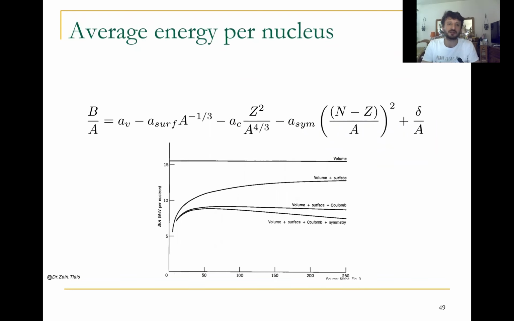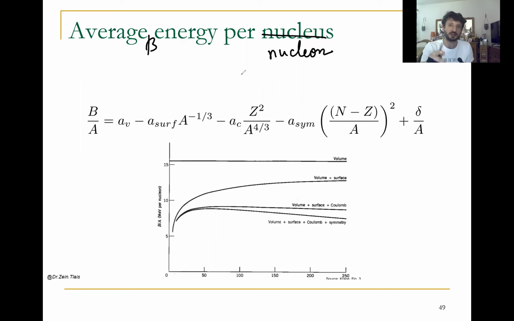Here, let me calculate the average binding energy per nucleon. I mean, what is the value of the binding energy needed to extract one nucleon using the liquid drop model?